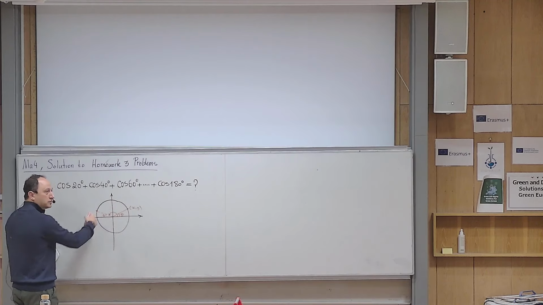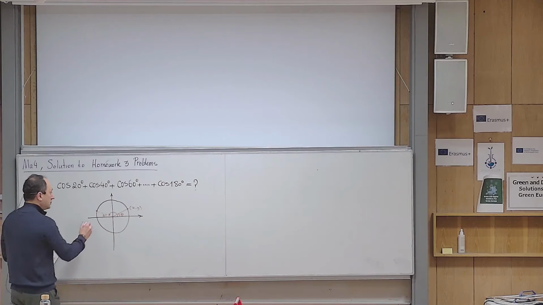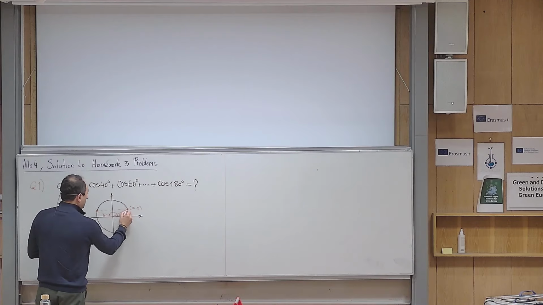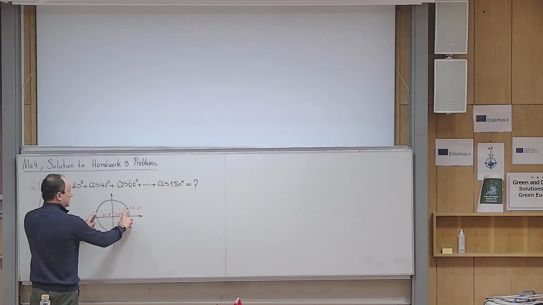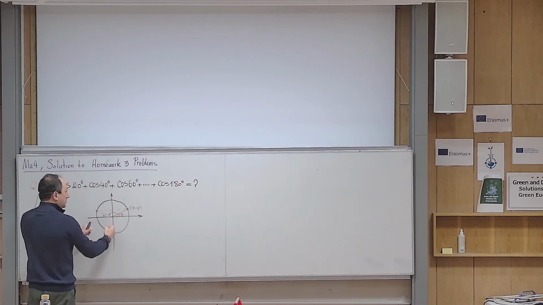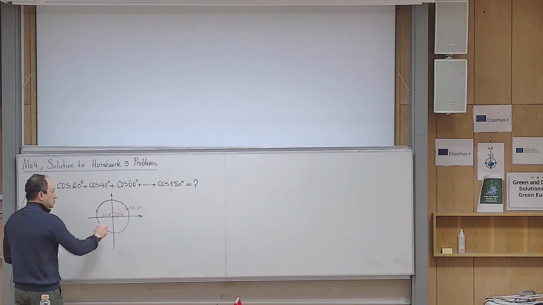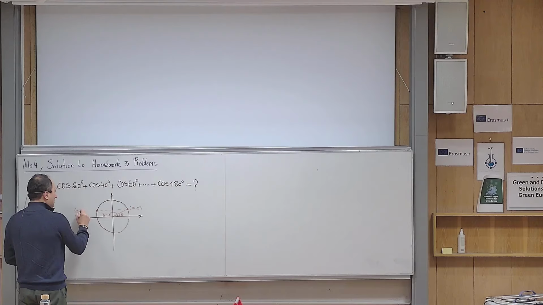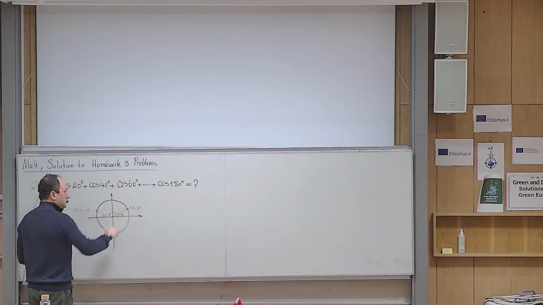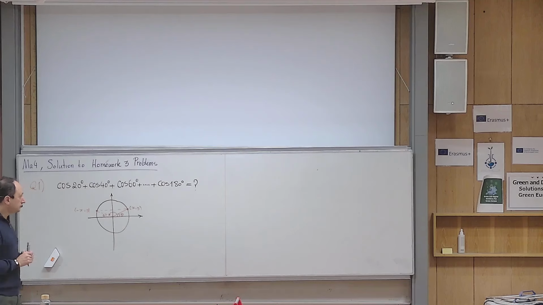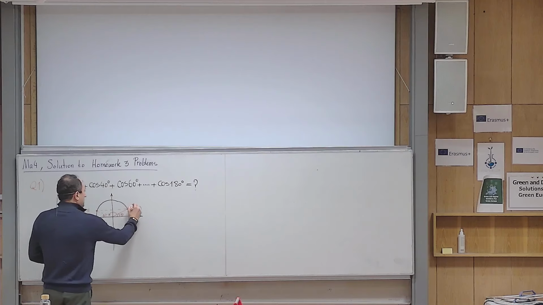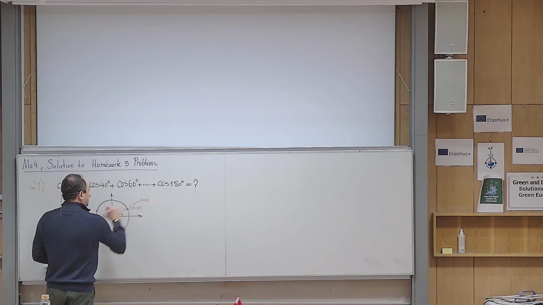If you draw a precise picture, by symmetry you will immediately understand that these two points are mirror images of one another with respect to the y-axis. So if the coordinates are x and y, the coordinates here are minus x and y. The heights are the same, but the x's are opposite. So this is cosine theta.